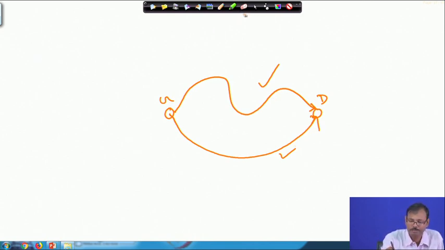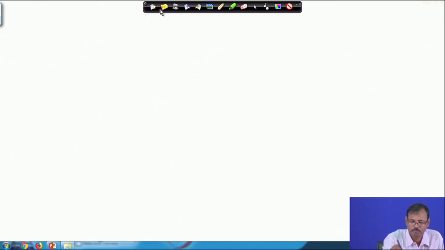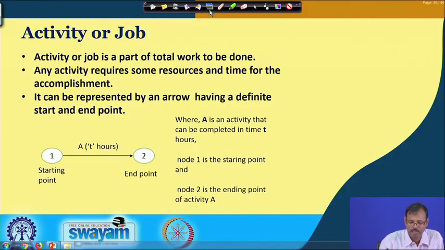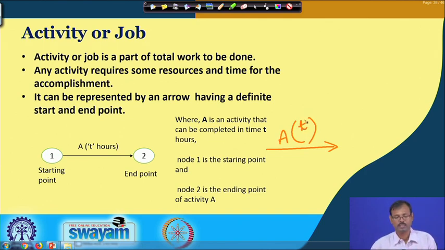So basically an arrow is nothing but an activity, named or job named as A. In the bracket, the duration of the activity is expressed in the network.